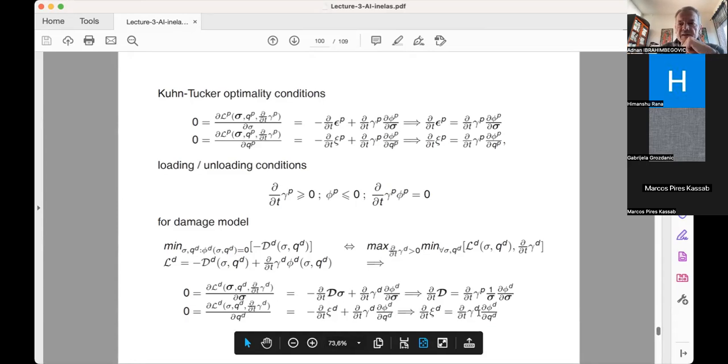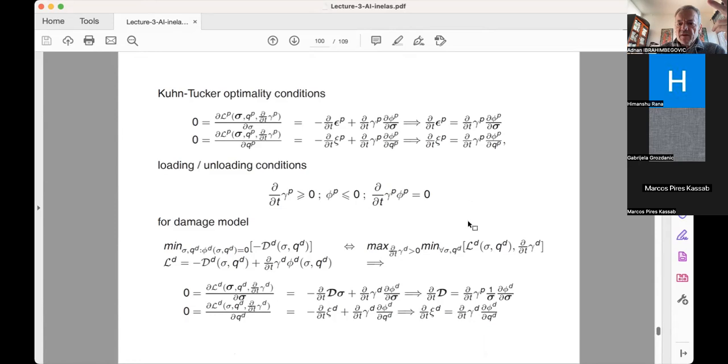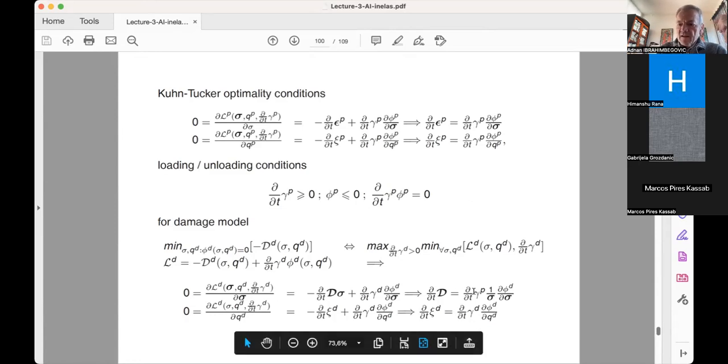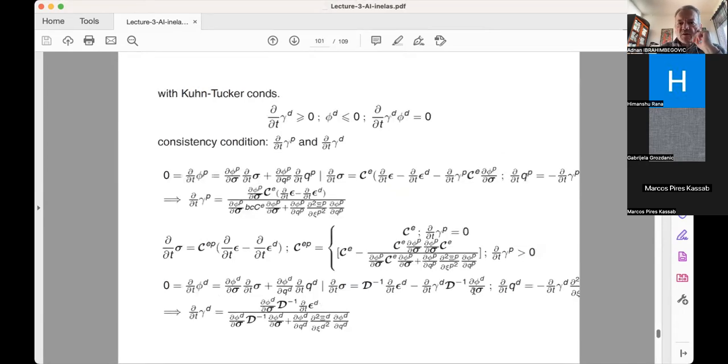So we have evolution equations that have to be specified in terms of the unknown values of the plasticity multiplier and this damage multiplier as well. So gamma p dot and gamma d dot should be obtained.